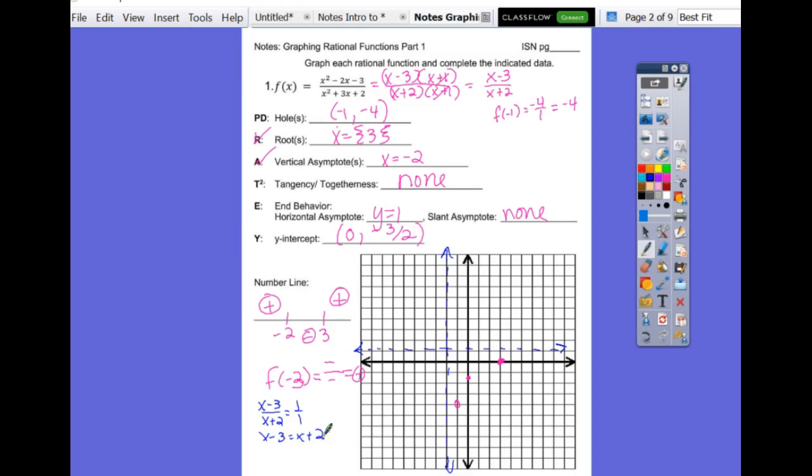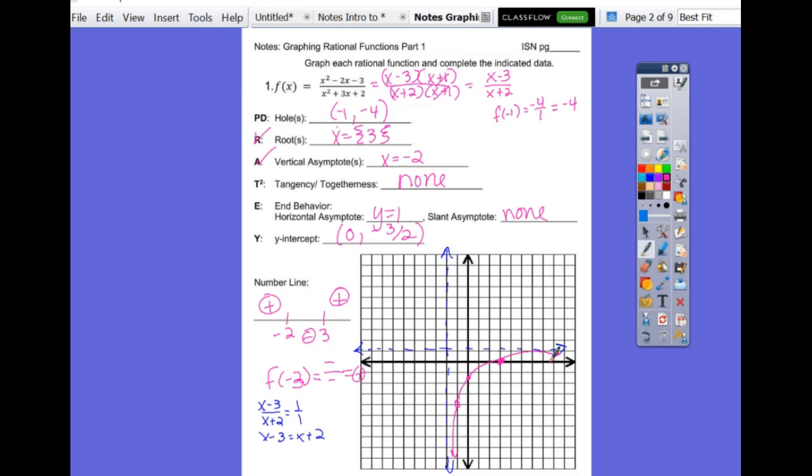So what happens to my x's? They cancel. So is it going to cross? It's not going to cross. That tells me that it can't cross here, and it can't cross here. So I know what this one's going to look like now. This one's going to look like this. Okay? So I know that's what that one's going to look like.